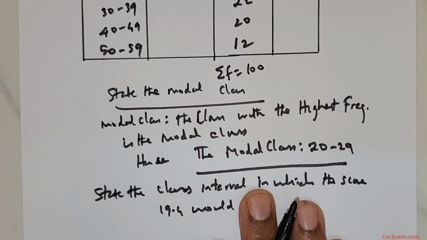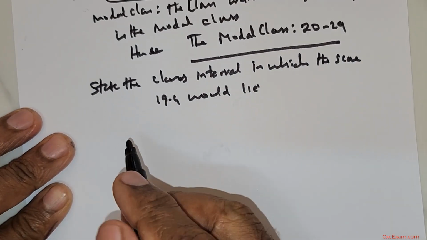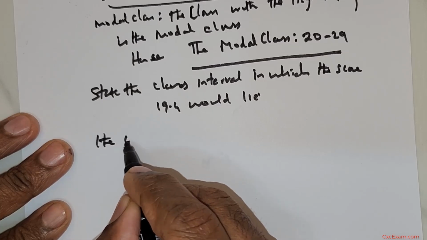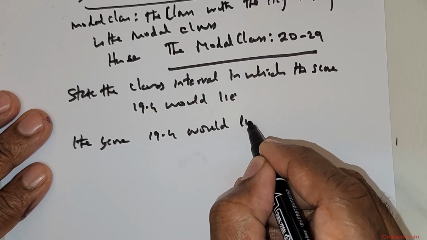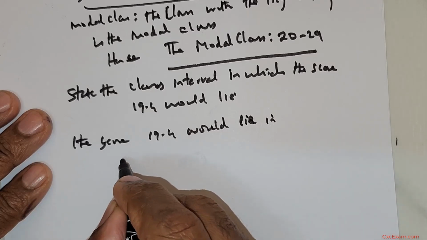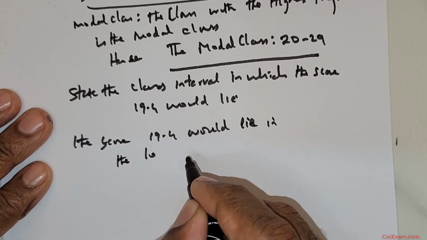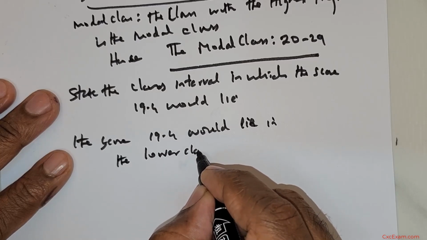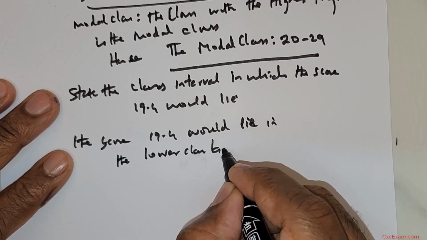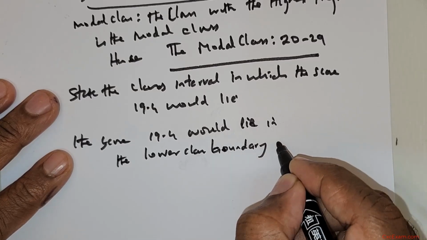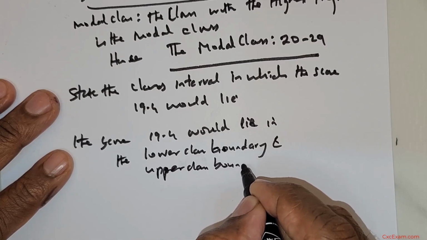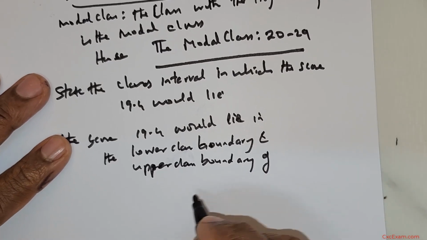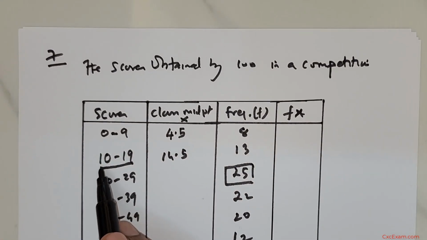When you're writing it, you will have to specify the boundary. The score 19.4 would lie between the lower class boundary and upper class boundary of 10 to 19.